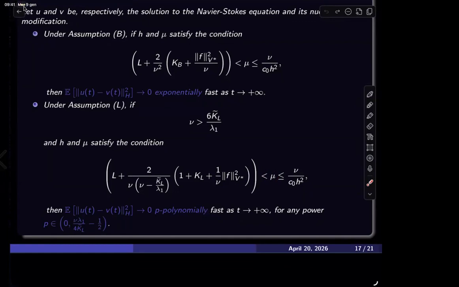So here you have again mu greater than the deterministic forcing, the additive part of the multiplicative noise. And then you see that this term here appears, so somehow the multiplicative part of the noise is also involved, and under this assumption in particular this term is positive and everything makes sense.